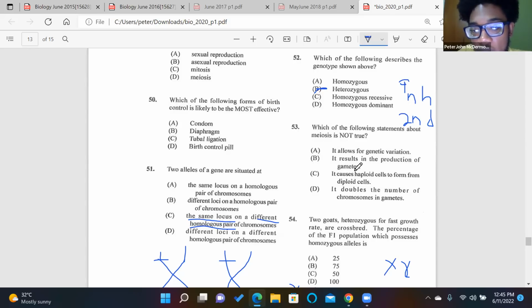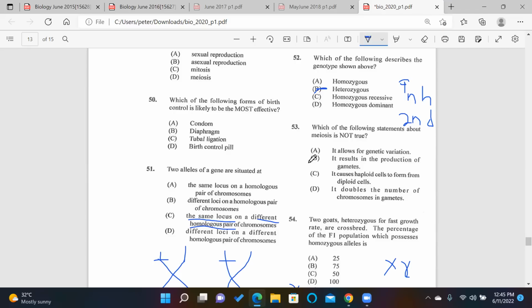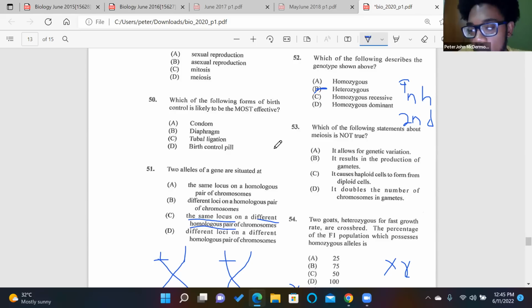So does meiosis result in the production of gametes? Yes. For gametes, what's the number of chromosomes in there? Haploid. Haploid is half of the normal number of chromosomes. Why?